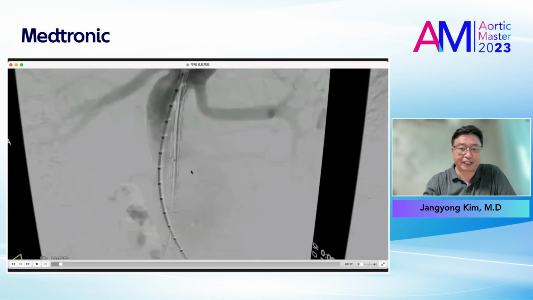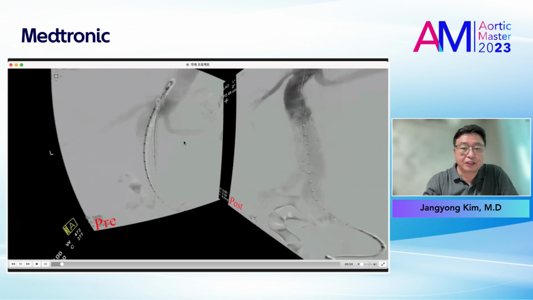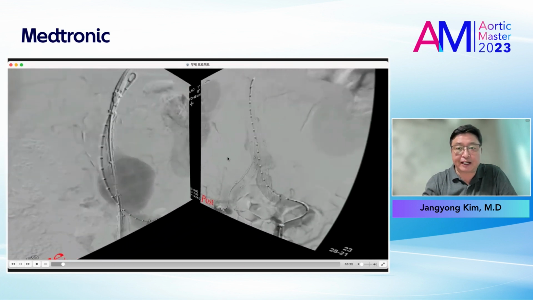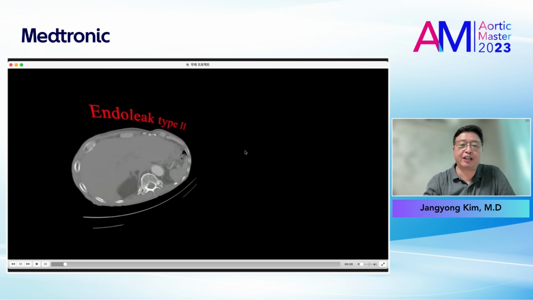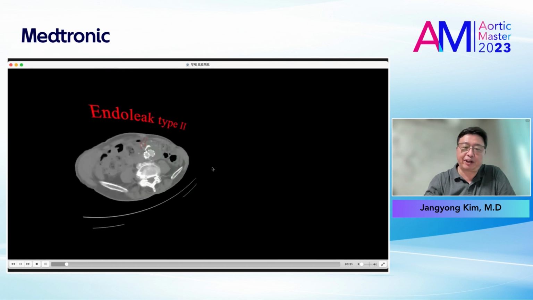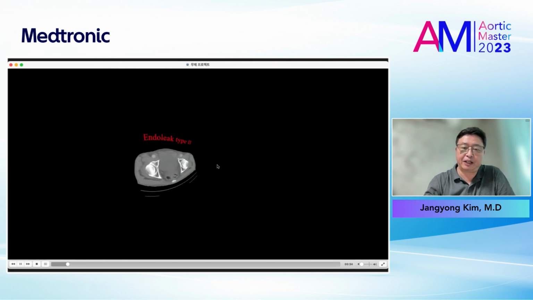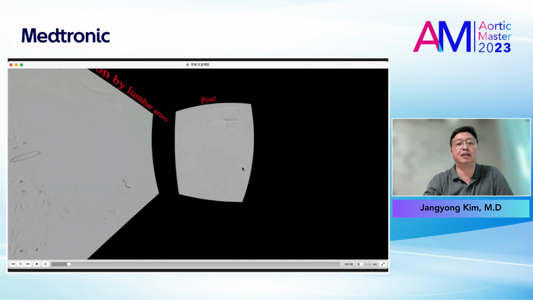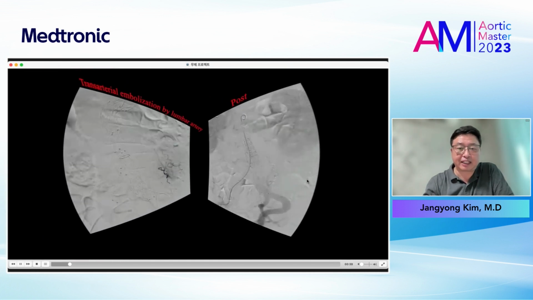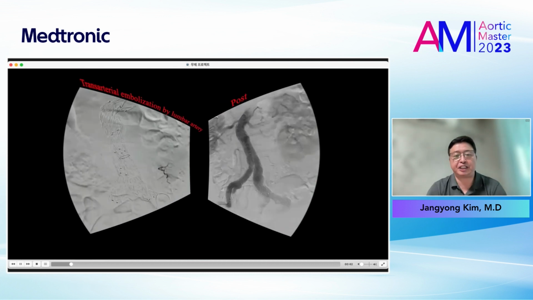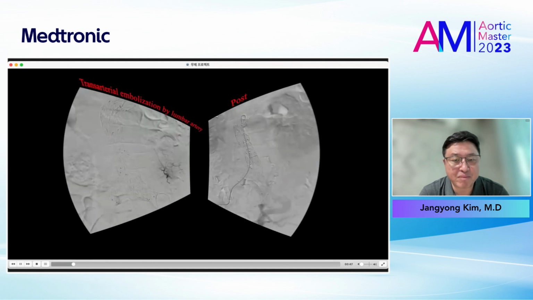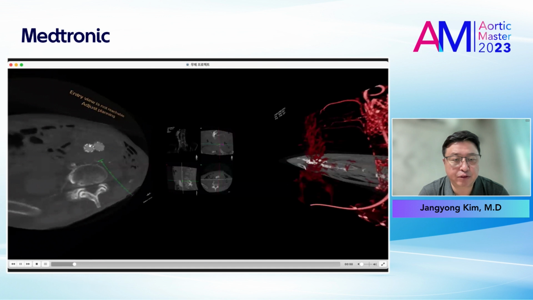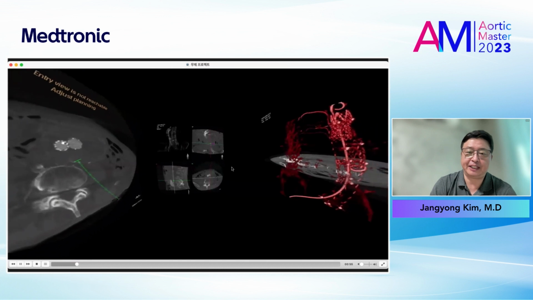This is a video presentation. This is the initial EVAR procedure, and the patient has a type 2 endoleak after that. So my colleagues did transarterial embolization of the lumbar arteries 3 years ago, but there was still a remnant type 2 endoleak here, as you can see.